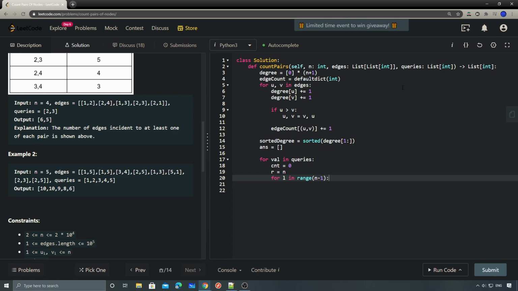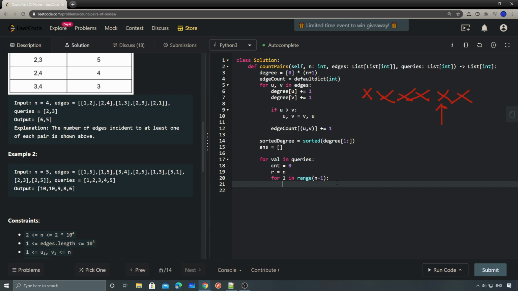Because we need at least 2 nodes, right? So we have this sorted degrees here. The left node has to stop here because it needs another node, right? That's why we stop at n minus 2 here.